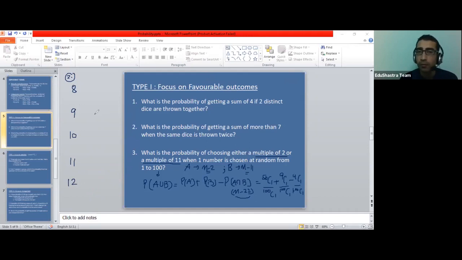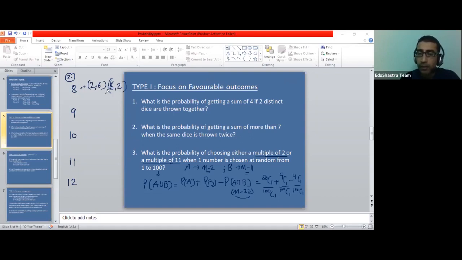You need to bend your back a bit here, but not that much, because getting a sum of 8 when you're throwing one dice twice, you can think of the possibilities. They would be 2, 6. On the first roll you get 2 and then you get a 6. This is a different case from 6, 2. Getting a 6 and a 2 is very different from getting a 2 and a 6 here.